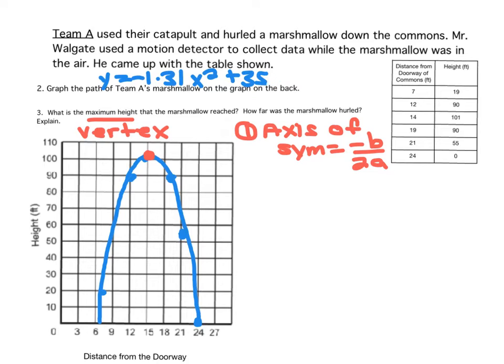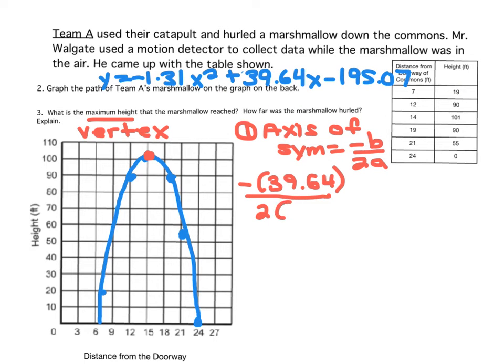Let me backtrack there. Our b value is 39.64 x, and then our c value is -195.07. So if we take the opposite of b, 39.64 divided by 2 times our a.